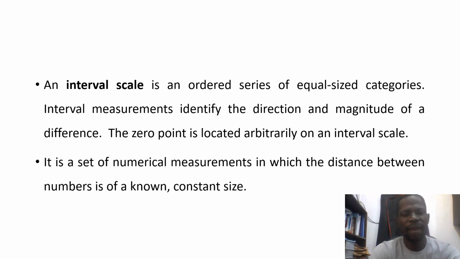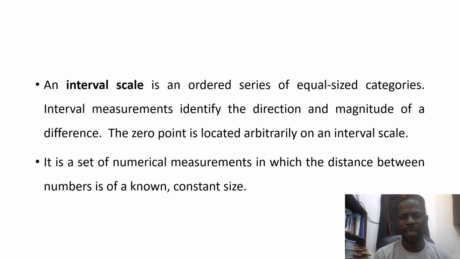Next to that, we have the interval scale. The interval scale has the features of the nominal scale and the ordinal scale of measurement. In addition to that, it has equal size category. So in an interval scale of measurement, we identify direction and the magnitude of difference.